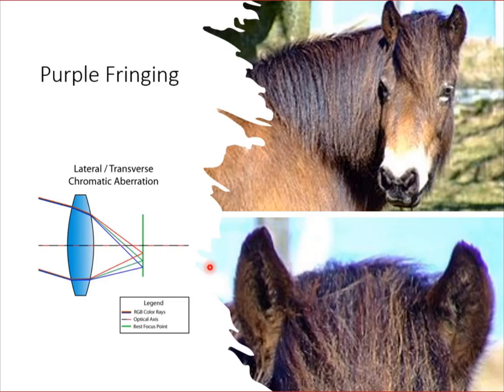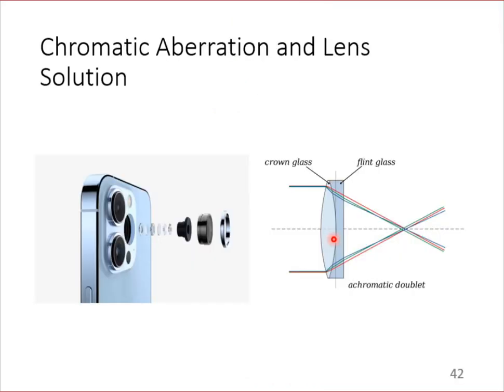So you can see here the purple light will be projected on the sensor, but the red and the green light will not. So you will see the blue boundary here.